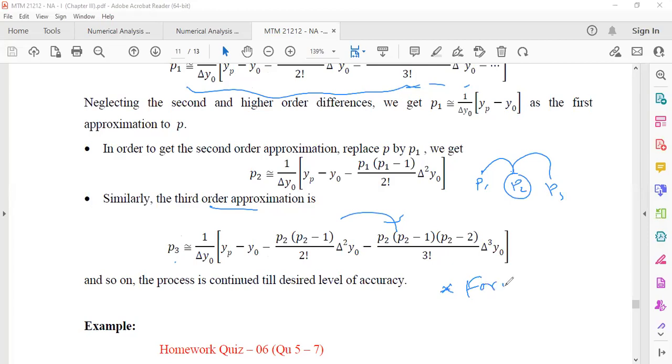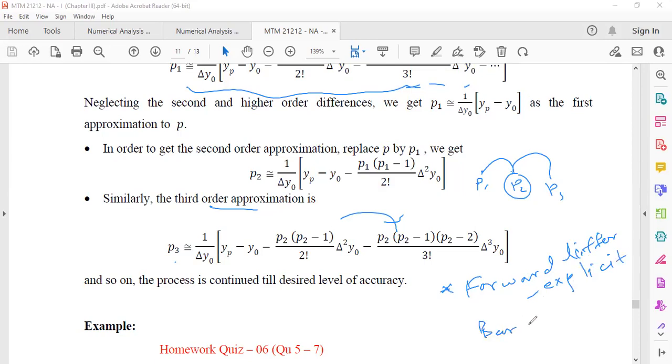Actually, I think I didn't mention to you: forward interpolation, you may see in the later part, the forward difference method. In the forward difference, you may see in some books it is called the explicit method.